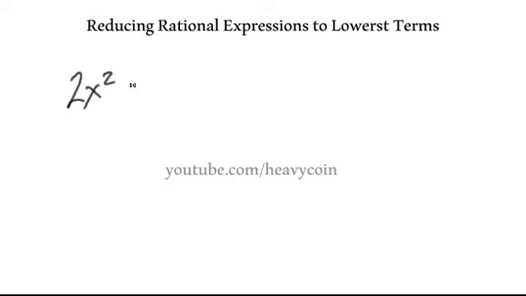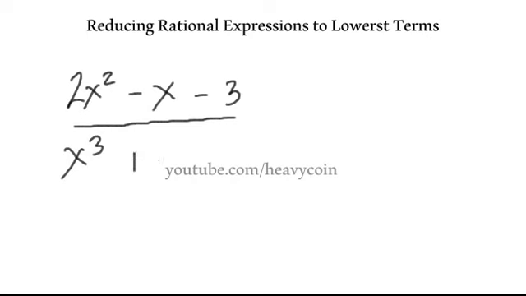2x squared minus x minus 3, and that's all over x cubed plus x squared plus 4x plus 4. I'm not going to work this problem out, I'm just going to give you the answer.